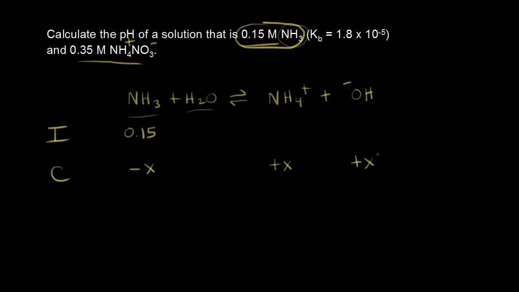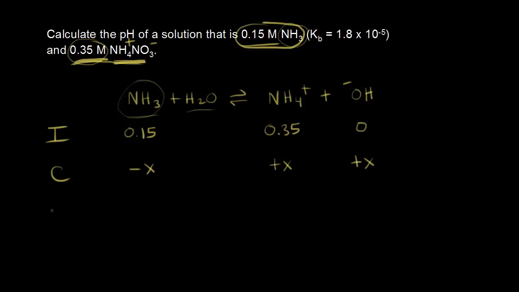So one source for the ammonium ion would be the protonation of ammonia, right? But we have an additional source because we also have 0.35 molar ammonium nitrate, right? So there's another source for ammonium ions. And so we put 0.35 molar in here for the initial concentration of ammonium. And we're saying that we have 0 for our initial concentration of hydroxide.